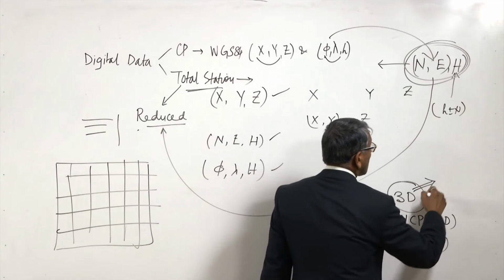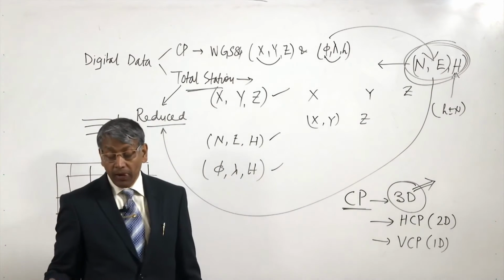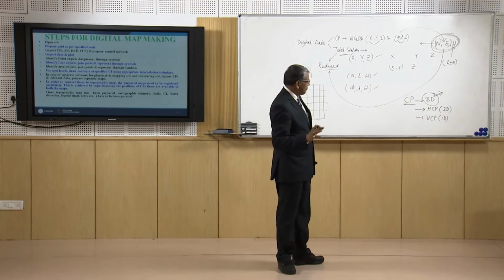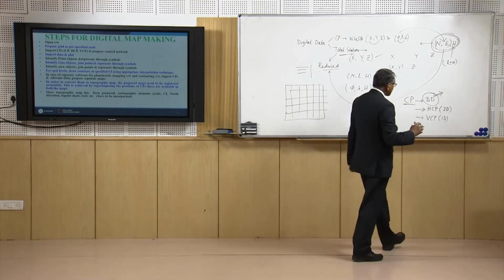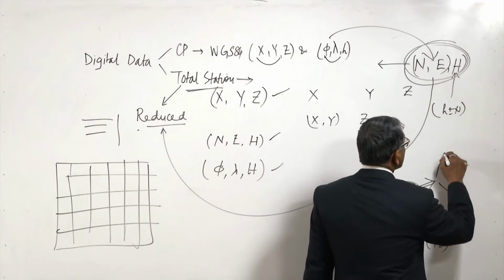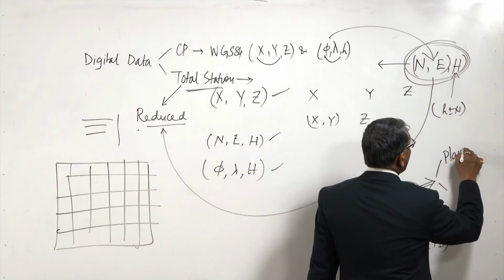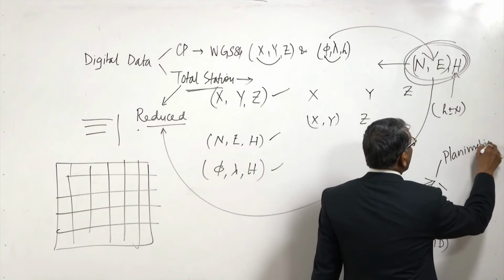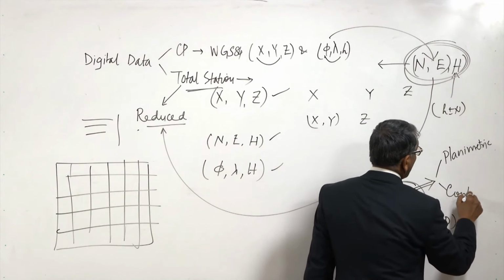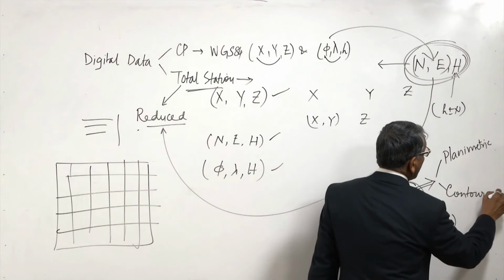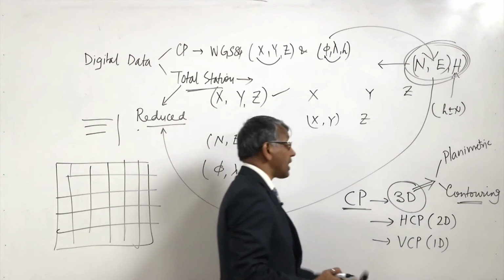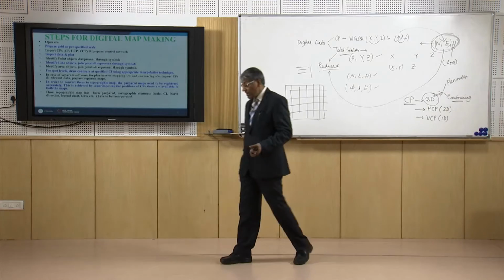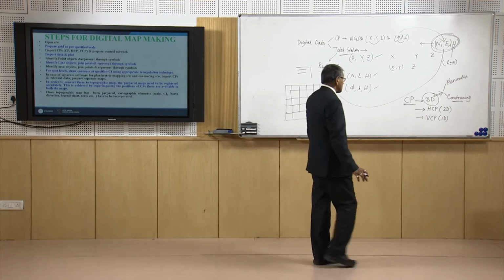These control points will serve both for planimetric mapping as well as for contouring, and both can be done using the 3D control point. Generally we will establish them by GPS surveying.